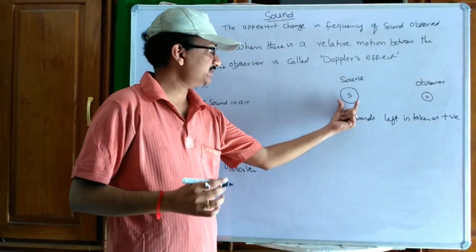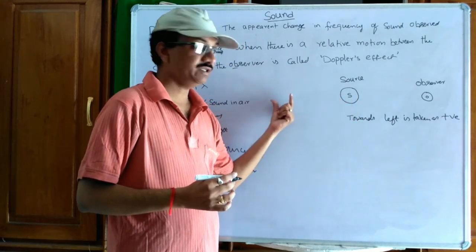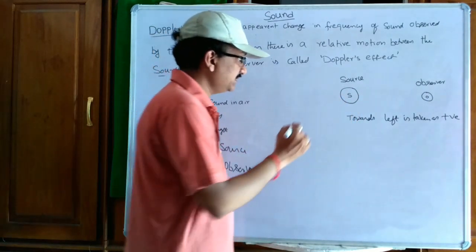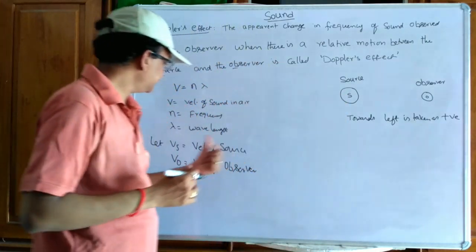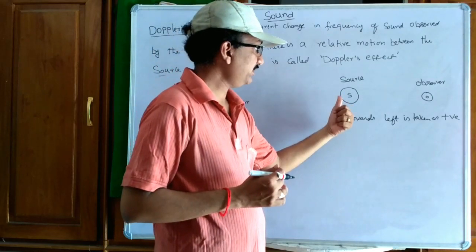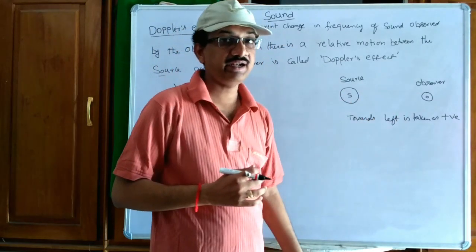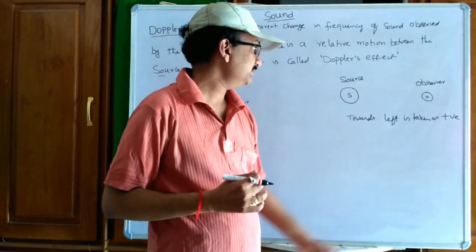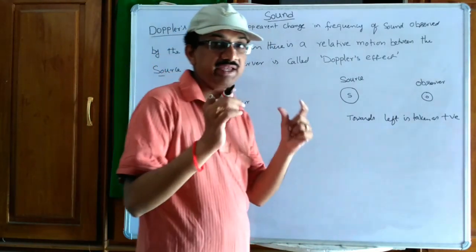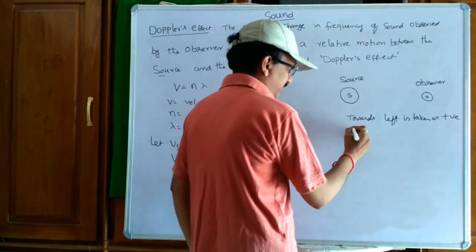That means if the source is moving towards the left side, Vs is taken as positive. If the source is moving in the right hand side direction, then Vs is taken as negative. This is the main key point here.